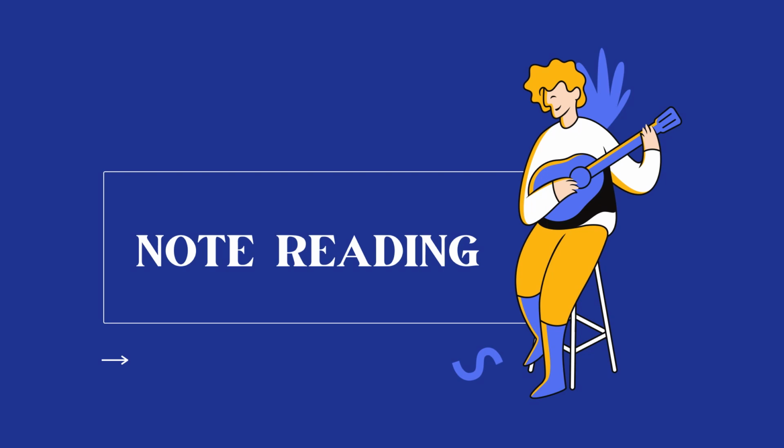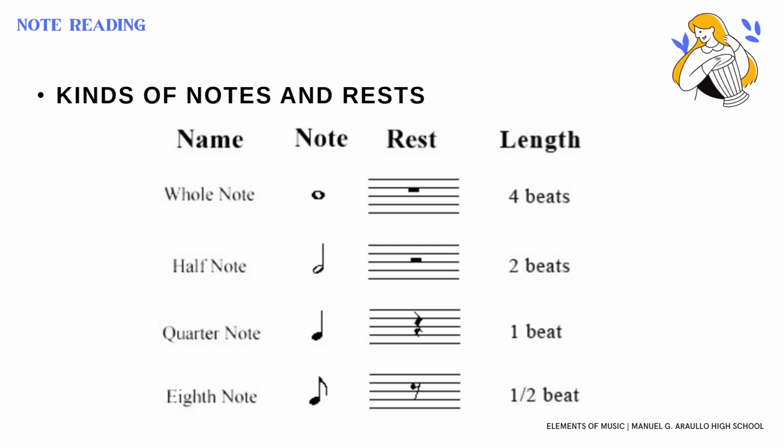Punta na tayo ngayon sa note reading. Kailangan alam nyo yung different kinds ng notes and rests. So I have here the different kinds of notes and rests. So we have the whole note, half note, quarter note, and then the eighth note. So ito, makikita nyo dito sa notes yung symbol niya, and sa rests, ito naman yung symbol niya.